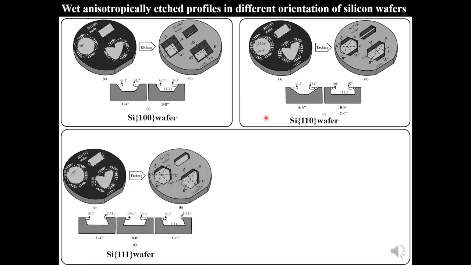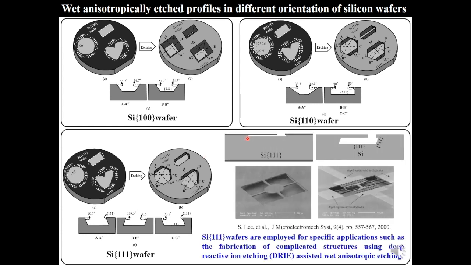If the same thing is done on a 111 wafer, although the etch rate of a 111 wafer is slowest, if we do the etching of the mask pattern in a 111 wafer, we get a hexagonal shape cavity. In that case, the bottom as well as the side walls are formed by the 111 plane.